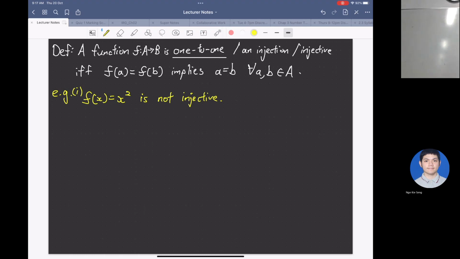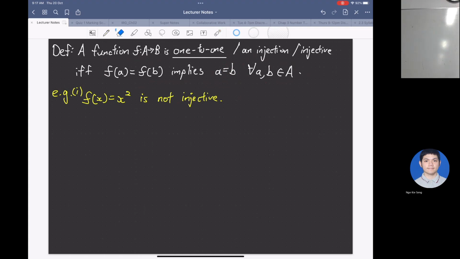Correct. So to show that it is not injective, you need to show the negation of this statement. If you use De Morgan's law, the for all will become there exist a and b such that f(a) equals f(b), but a not equal to b. You just need to find one, then it's enough to show it's not injective. Like your friend said, there are a lot of them.